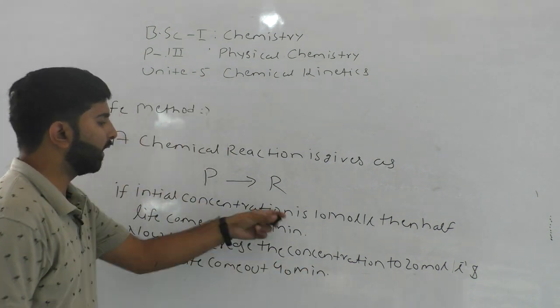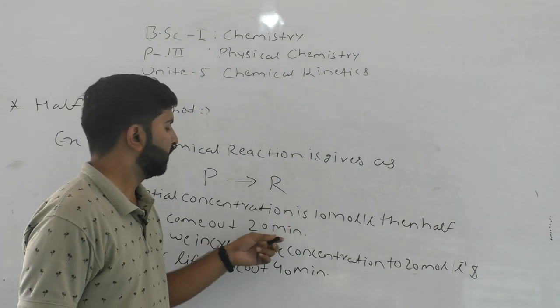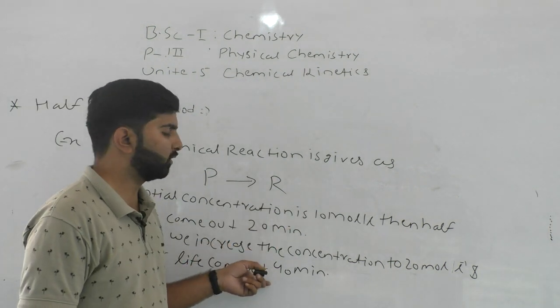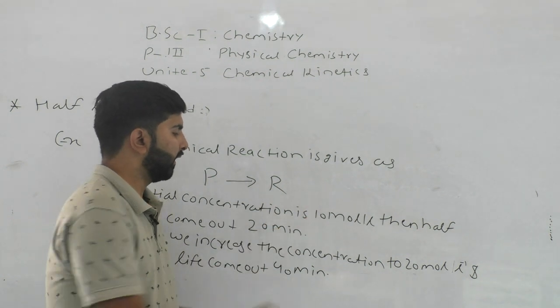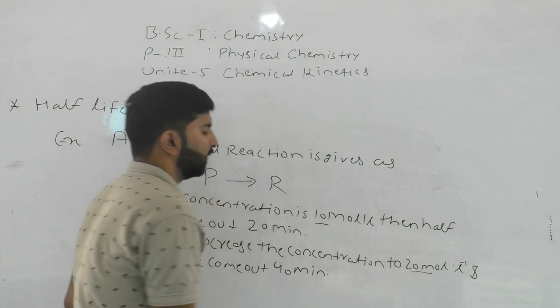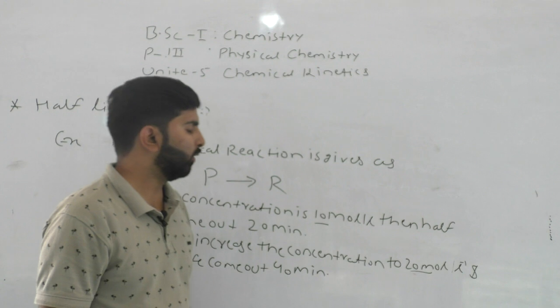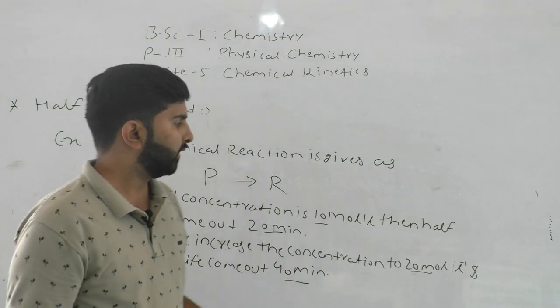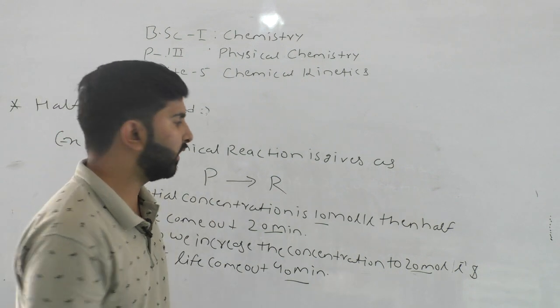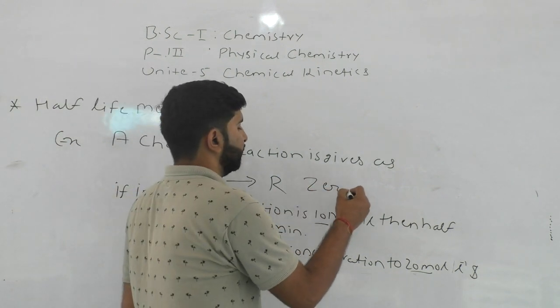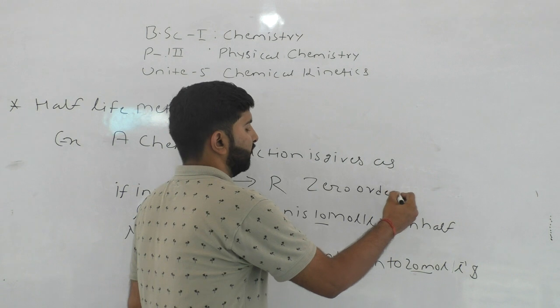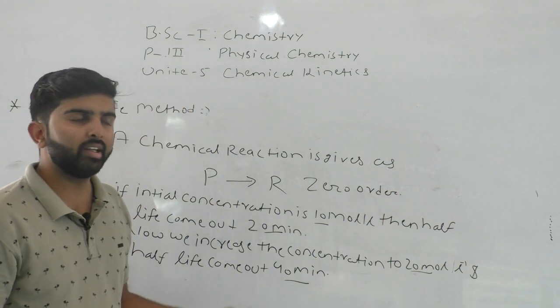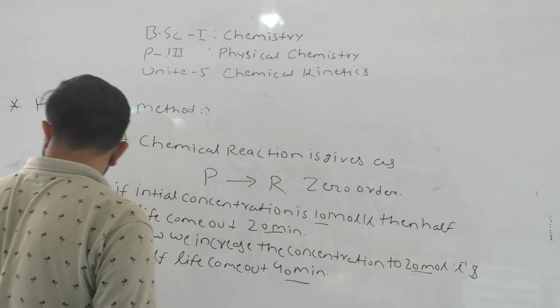Means if we double the initial concentration, the half life also gets doubled. If we double the initial concentration from 10 mole per liter to 20 mole per liter, the half life of the reaction is also doubled. Then we say that this reaction is a zero order reaction.